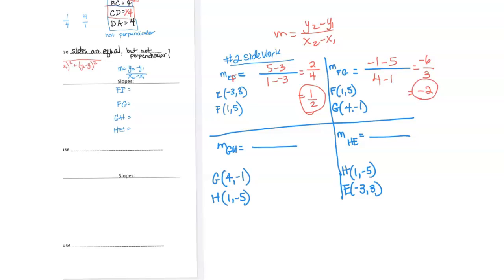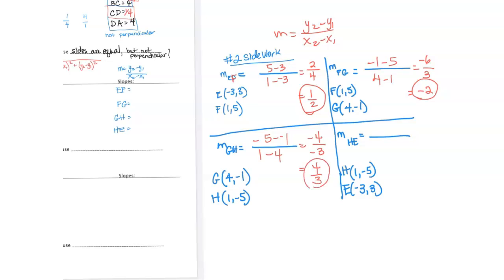For GH, we have a negative 5 minus a negative 1 over 1 minus 4. Negative 5 minus a negative 1 will give us a negative 4 over 1 minus 4 gives us a negative 3. To simplify this, a negative divided by a negative gives us simply a positive 4/3.